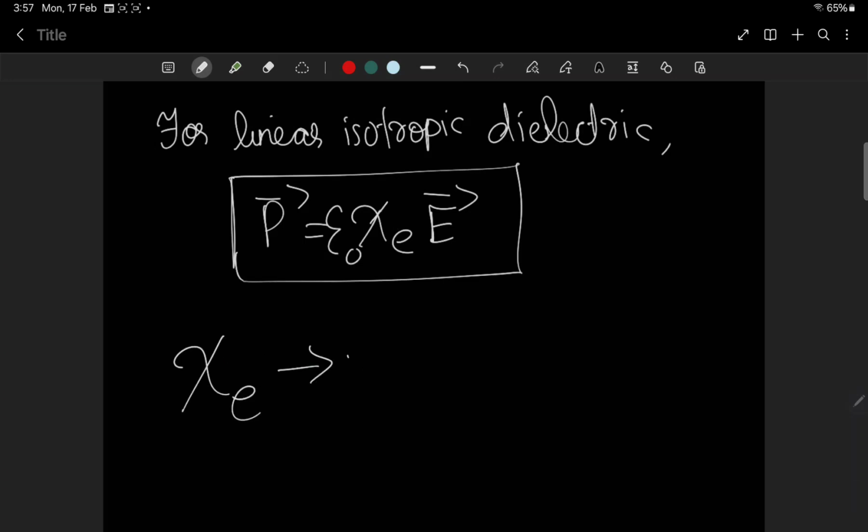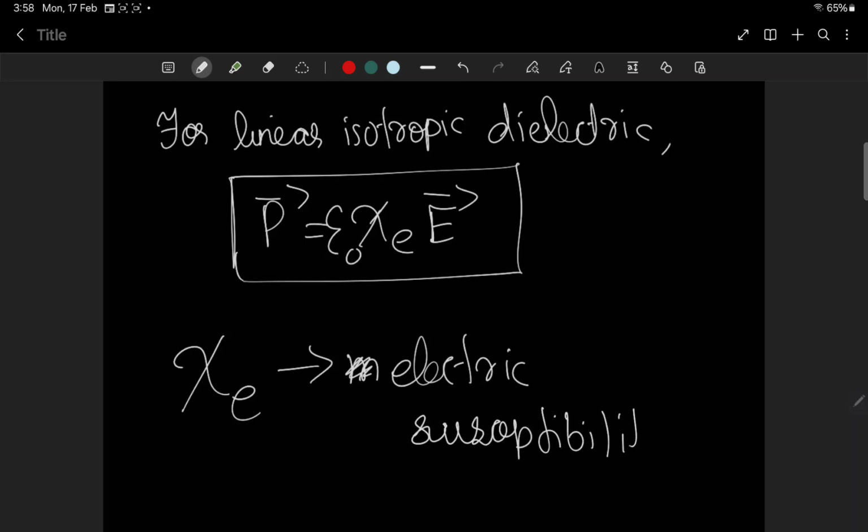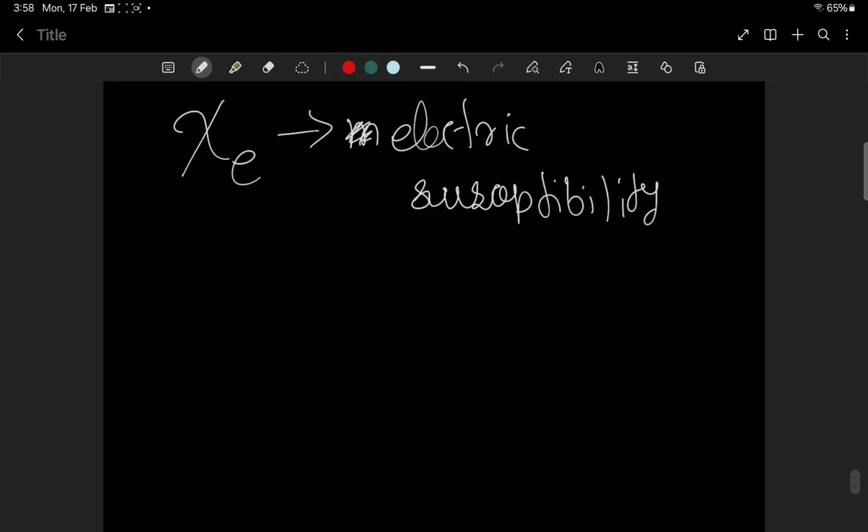This chi E is called electric susceptibility, and like epsilon 0 itself, it is different in different media. So electric susceptibility we have told.